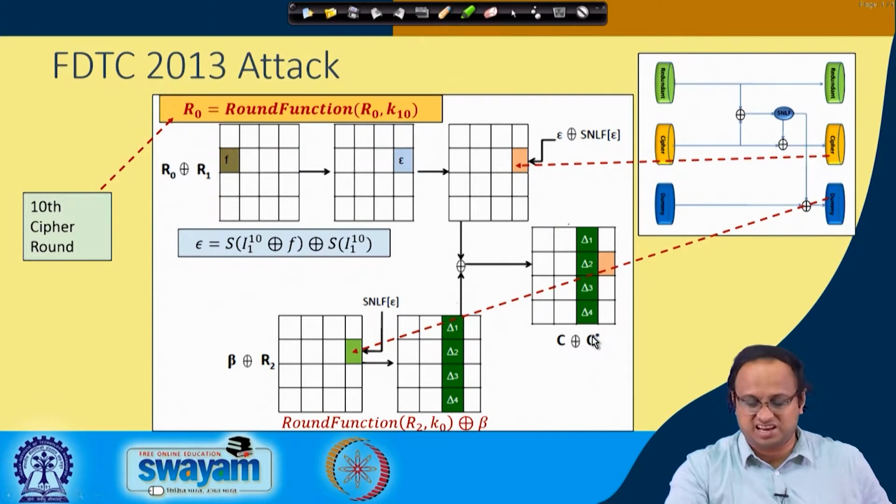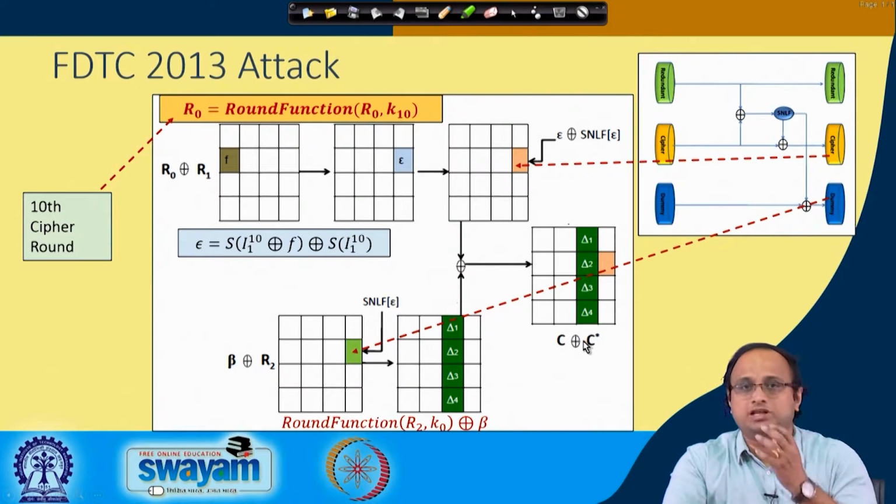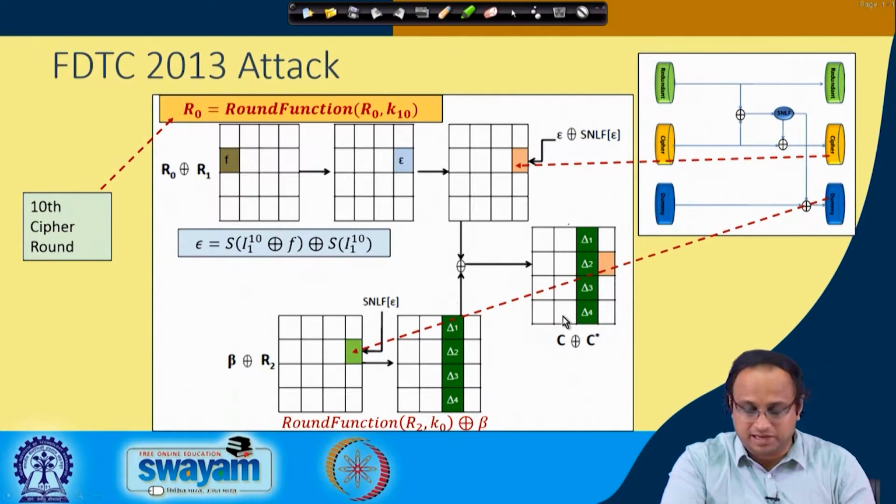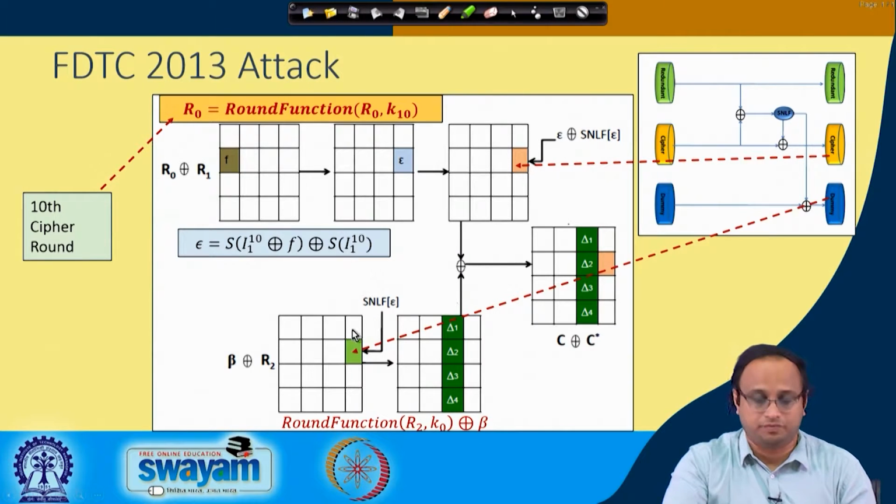If the adversary measures the XOR of the faulty output, which is essentially the faulty R0 value, with a correct computation, he can get this differential, and therefore he can easily know the value of epsilon XOR SNLF epsilon, where epsilon stands for this value.